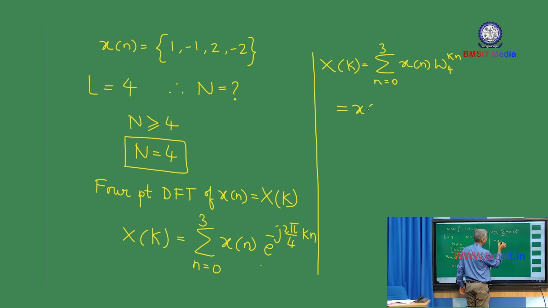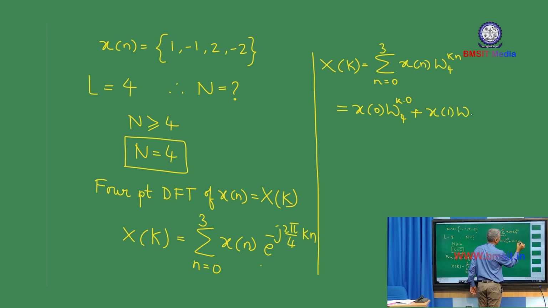For n equal to 0, it will be x of 0 into W4 raised to k into 0, plus the next value is x of 1 into W4 raised to k, plus x of 2 into W4 raised to 2k, plus x of 3 into W4 raised to 3k.